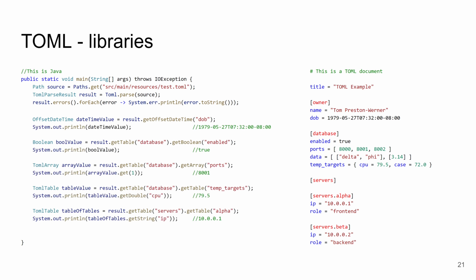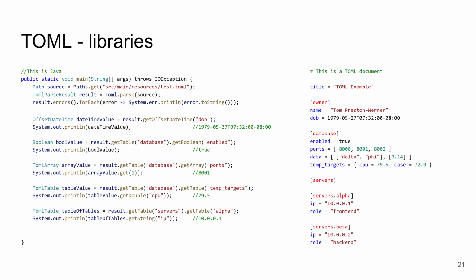The first example shows us how to load the date of birth, DOB, key value pair, by calling the getOffsetDateTime method. That's because the data type of the value is actually the offset date time. So we call getOffsetDateTime, the parameter is the key, and we get the value which gets printed.